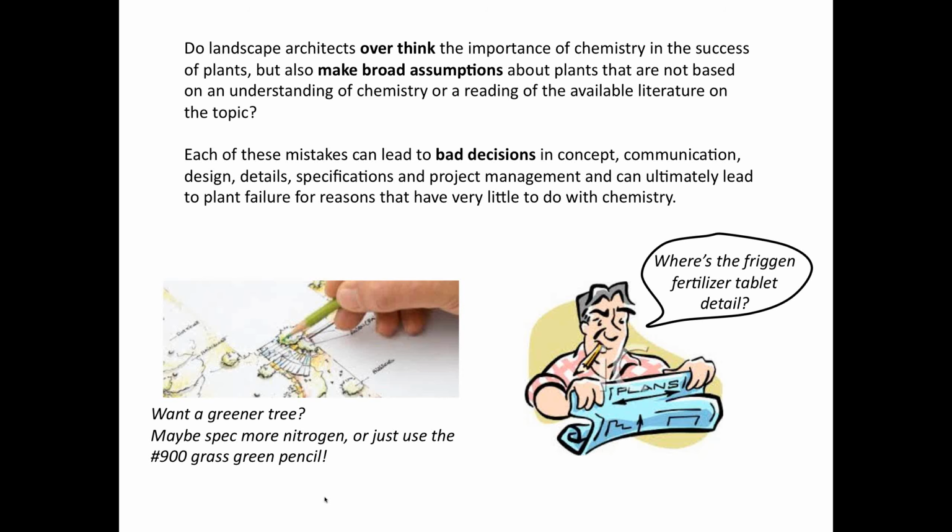And I believe that each of these mistakes can lead to bad decisions in everything from concept and communication, design, details, specifications, project management. And ultimately, some of those assumptions about chemistry can lead to plant failure for reasons that have very little to do with chemistry.